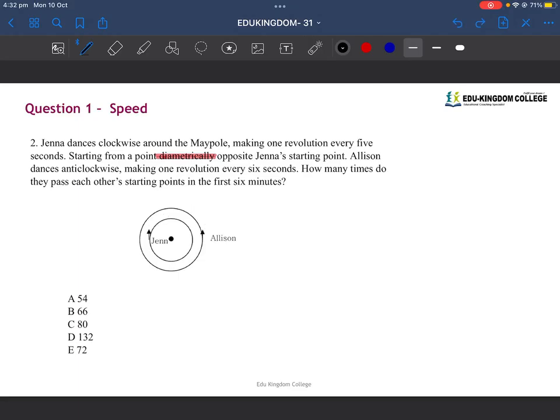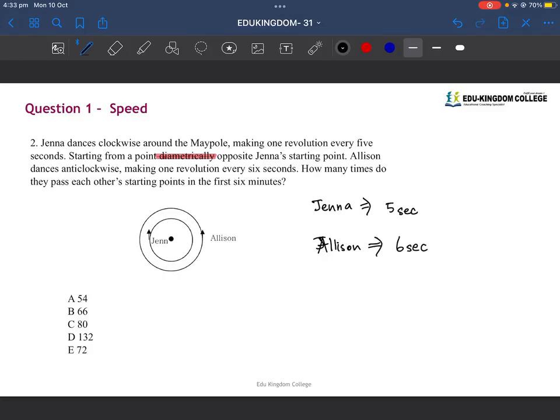respective speeds. So Jenna runs at 1 revolution per 5 seconds, and Allison, not Jenna, Allison takes 6 seconds for 1 revolution, okay?